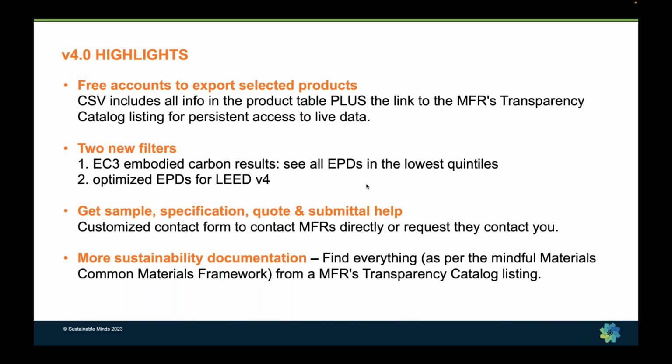And what you'll see when I show you what an export looks like is the link to the manufacturer's transparency catalog listing is in the export, so that even if that content is now uploaded into a digital library on someone's desktop or in a shared server, the link to the transparency catalog listing is there, so they can always return back to your listing to find all current content, any new products, also your contact form, which I'll show you. And it includes the link to the product page on your website, because that's in the listing. So I'll show you everything that's in the export.